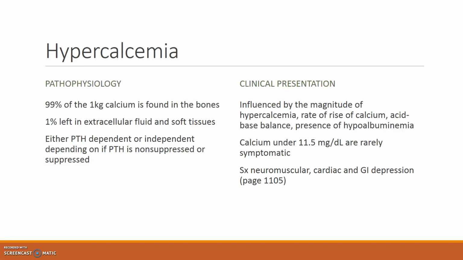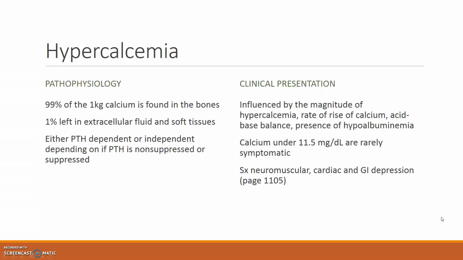The other 1% is left in the extracellular fluid in the soft tissues. So we really divide our calcium levels and issues into either parathyroid hormone dependent or parathyroid hormone independent, depending on if the parathyroid hormone is non-suppressed or if it's suppressed.